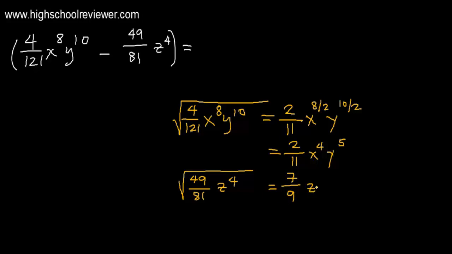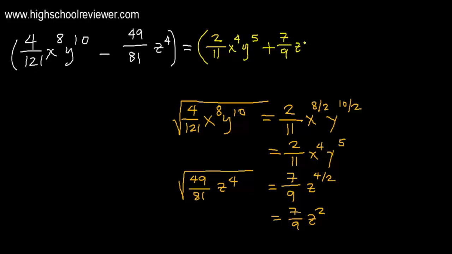And this will be the square root of z raised to 4 over 2, so 7 over 9 z squared, since 4 divided by 2 is 2. The sum will be 2 over 11 x raised to 4 y raised to 5, plus our second term, 7 over 9 z squared.